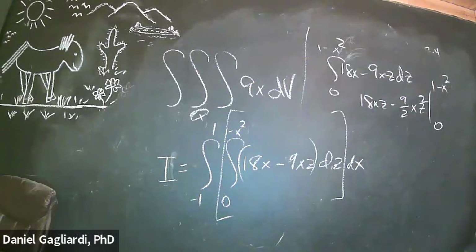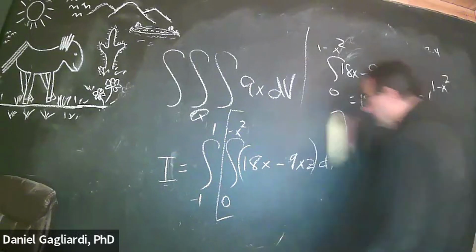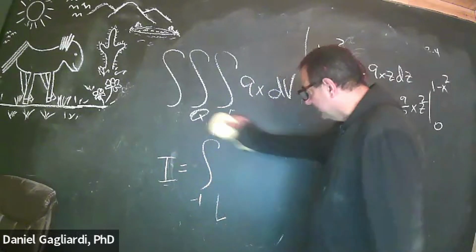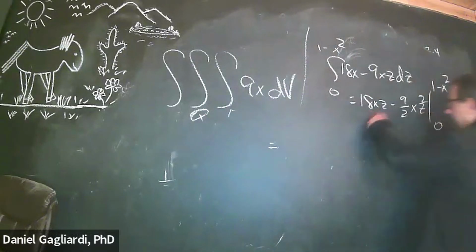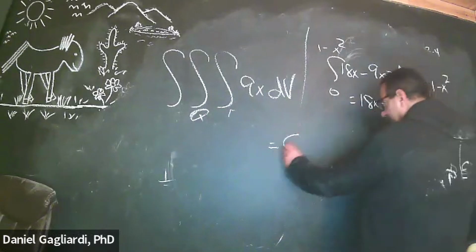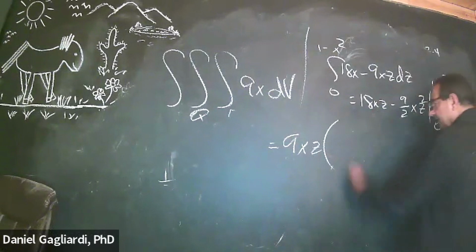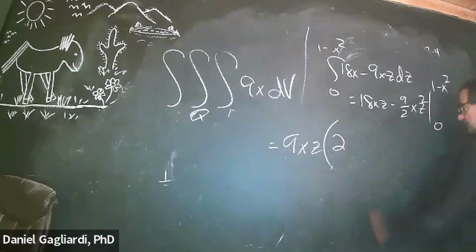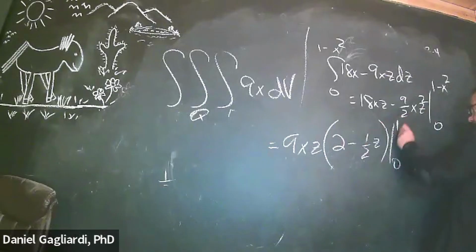To make this a little bit easier, I'm going to erase this, because all we have left is an x integral after that. I'll factor out a 9, an x, and a z, and then let's see what's left over. 2 is left over here, and then we have 1/2. The x is gone, and one of the z's is gone. That makes this a little bit easier.